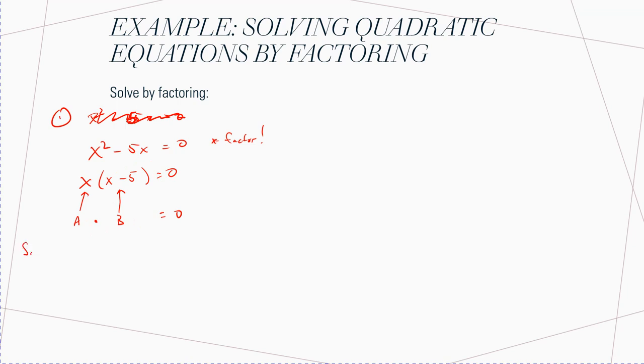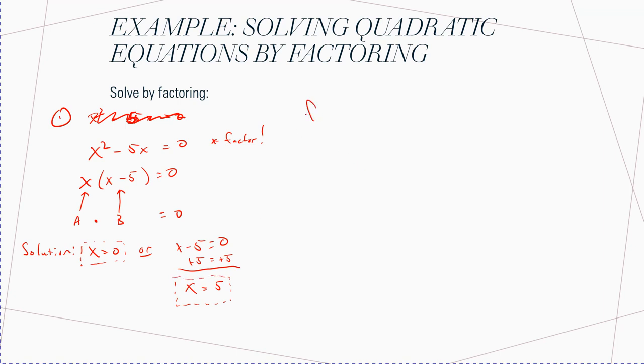So then your solution is either a is equal to 0, so either x is equal to 0, or this second part, x minus 5, is equal to 0. This is already solved. So one solution is x is equal to 0. Here I'm going to add 5 over, and I have another solution: x is equal to 5.